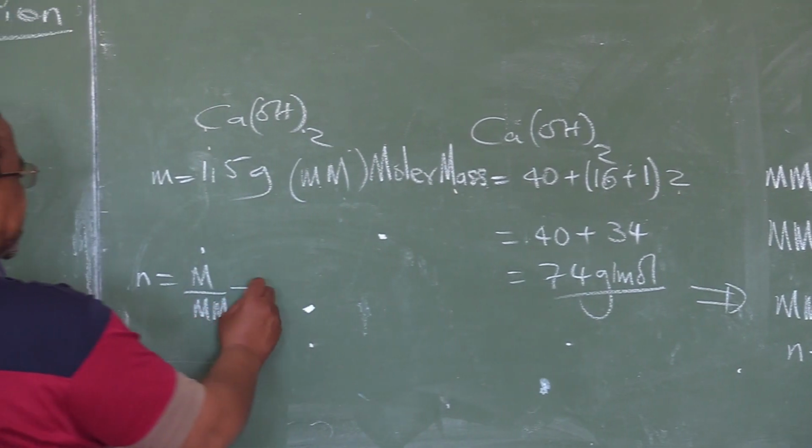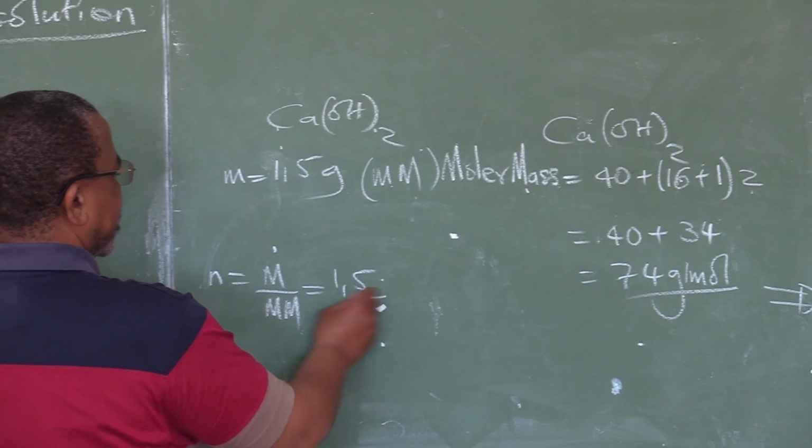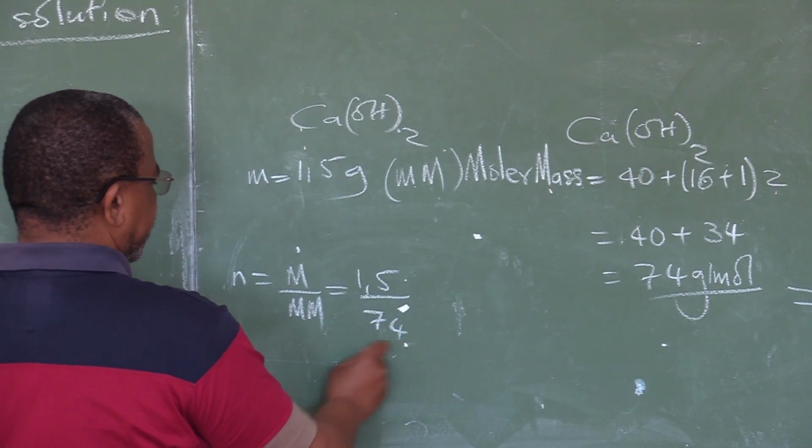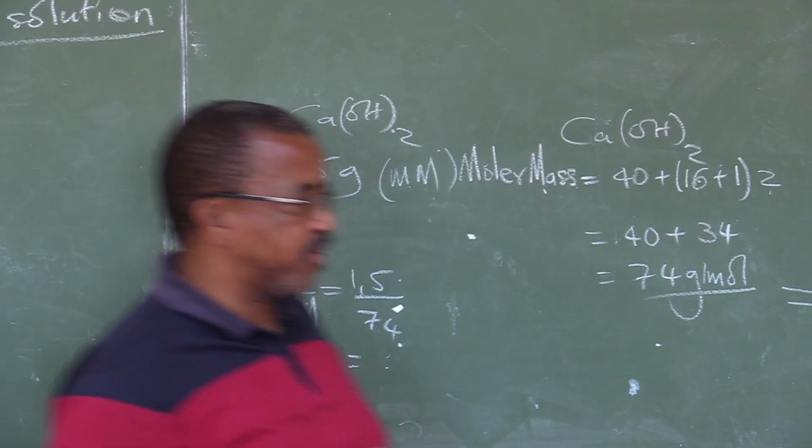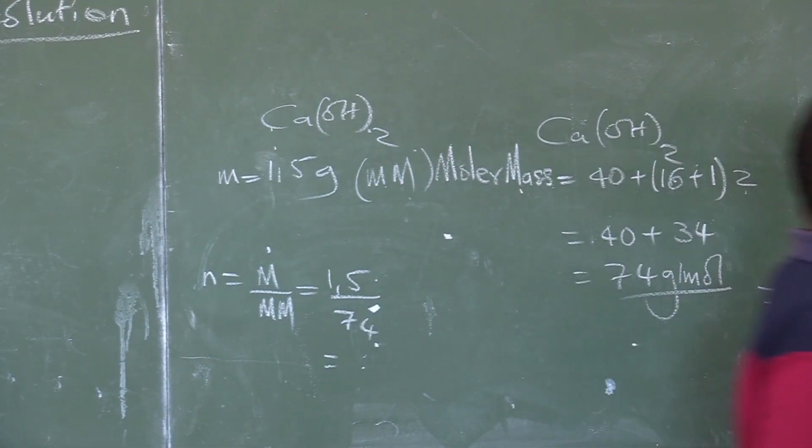So what is the mass? It's 1.5. Molar mass is 74. 1.5 divided by 74.